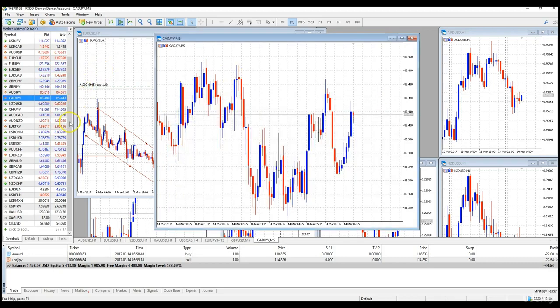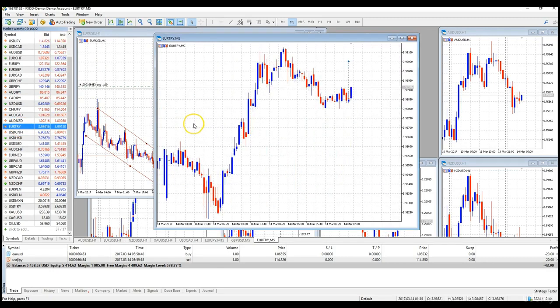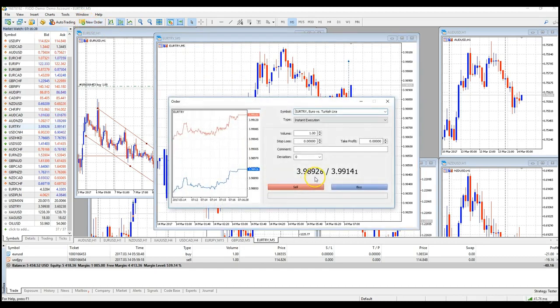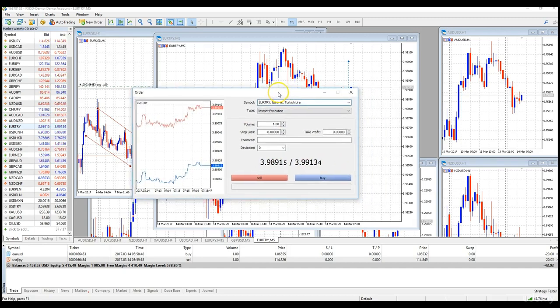And an exotic, like the Euro Lira, the pip spread is about 16 pips. Okay, so this is something that you guys have to pay attention to because there's a larger buy-in commission required to trade an exotic versus a major and a minor.